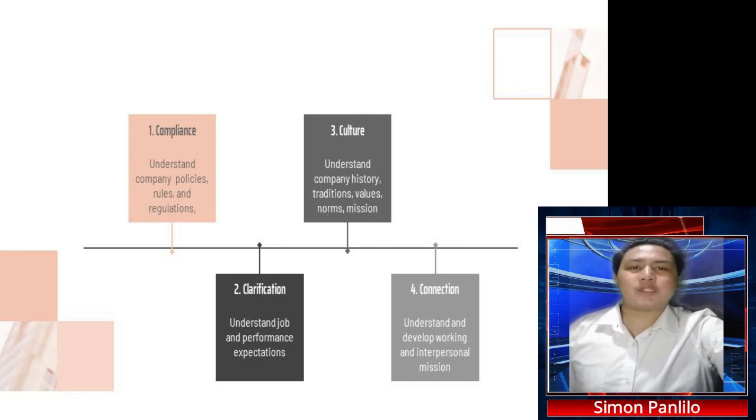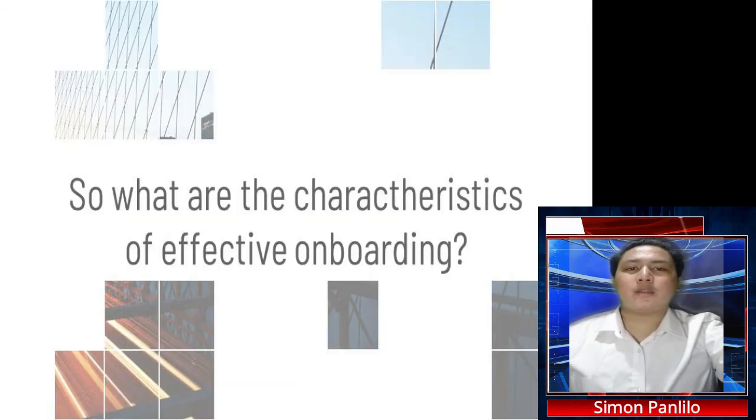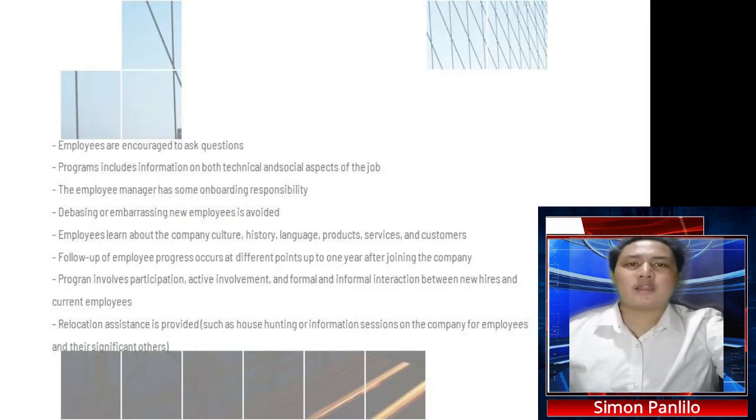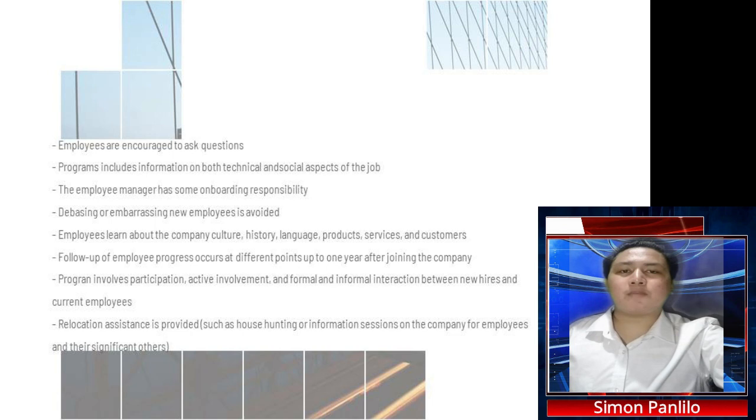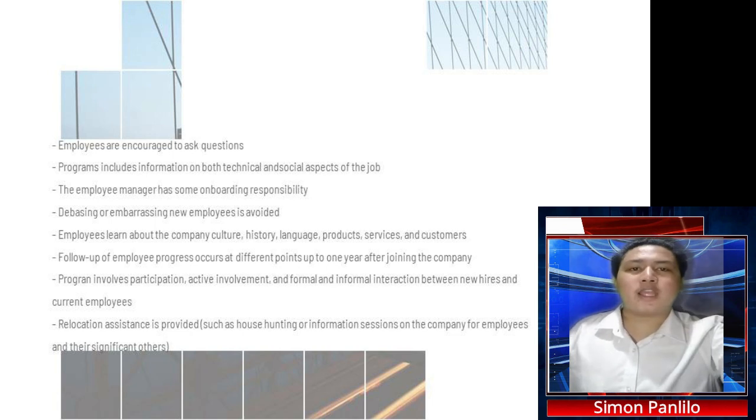So what are the characteristics of effective onboarding? These are some of the characteristics of effective onboarding. Employees are encouraged to ask questions. The program includes information on both technical and social aspects of the job. The employee's manager has some onboarding responsibility.